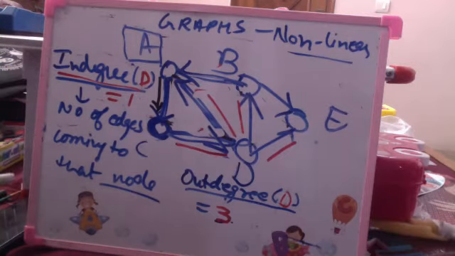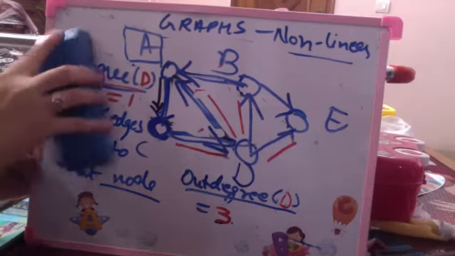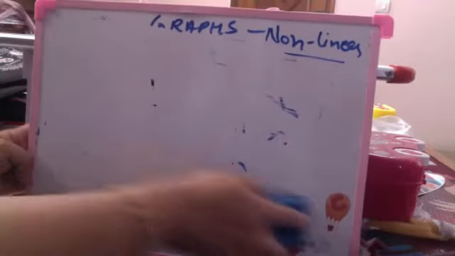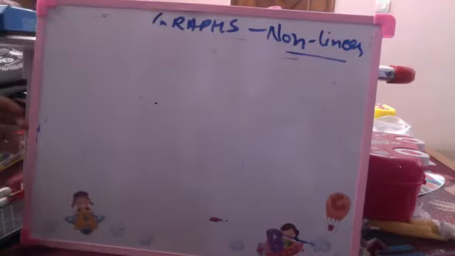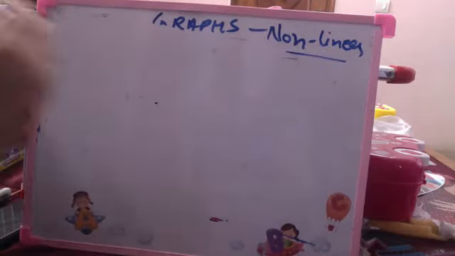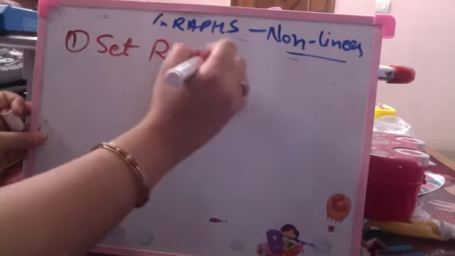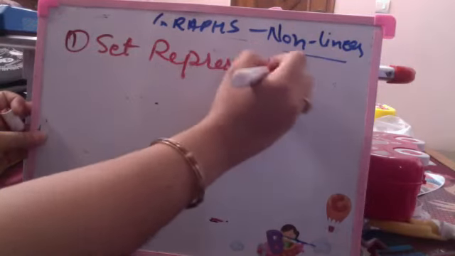Move on to the representation of the graphs. How can I actually represent the graphs and what notations can I use? The very easy notation, even for your computer implementation, is the set representation. The very initial representation of graphs is a set representation. What do I do in a set representation?